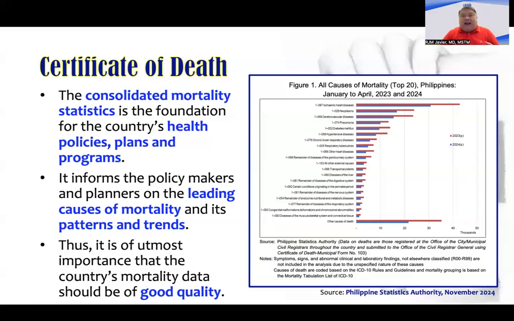But if you look at the leading causes of morbidity, conditions which may have the highest incidence or prevalence, it is not your NCDs, but it is your communicable diseases. So there's a slight difference in terms of the profile for the leading causes of death or mortality versus the leading causes of morbidity or medical conditions.